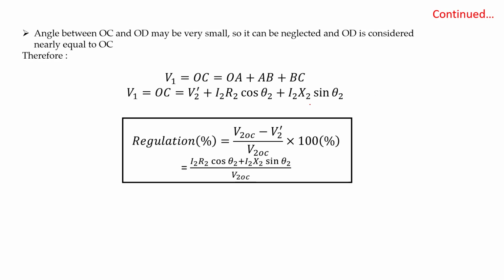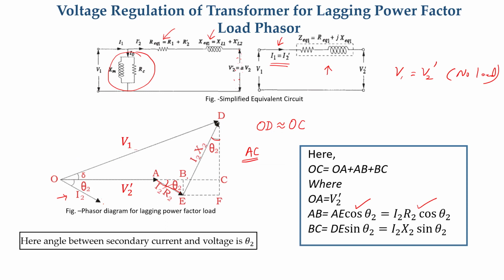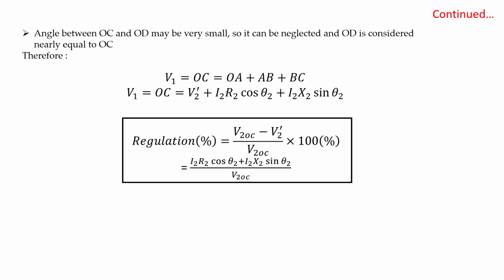The V1 can be estimated as OC, which is OA plus AB plus BC. This is approximate, OD equals OC, which is approximately equal to OD. That's why this relationship has come. And the regulation is the open circuit voltage minus V2 dash, divided by V2 OC. Now V2 OC is simply equal to V1.